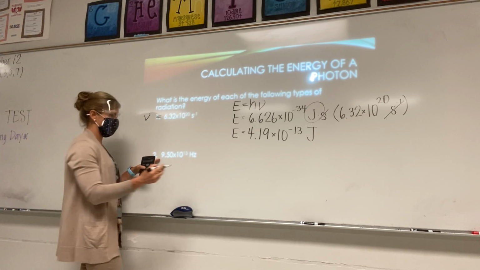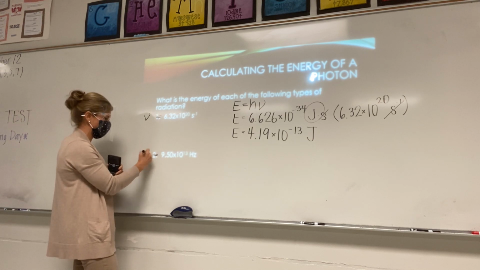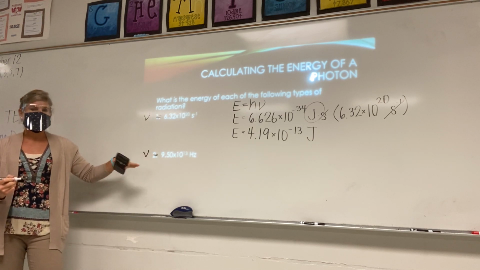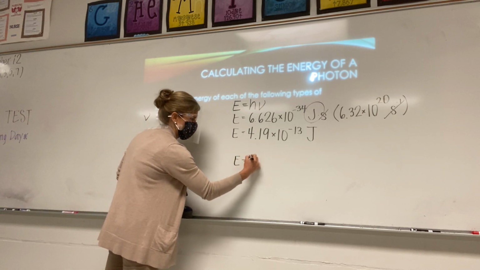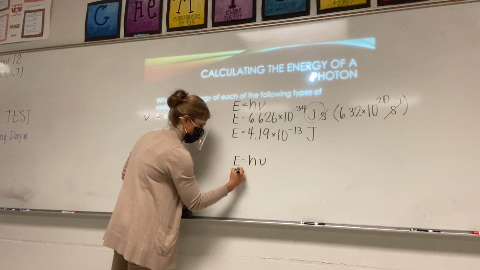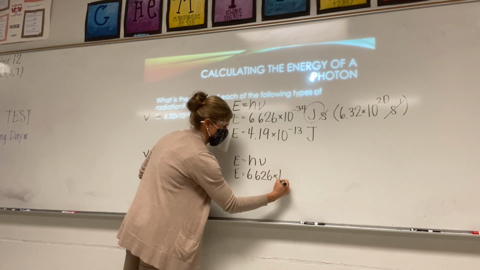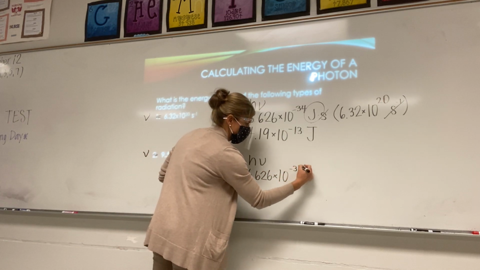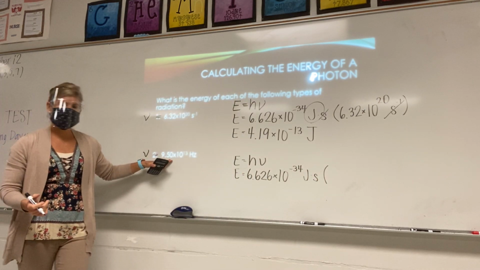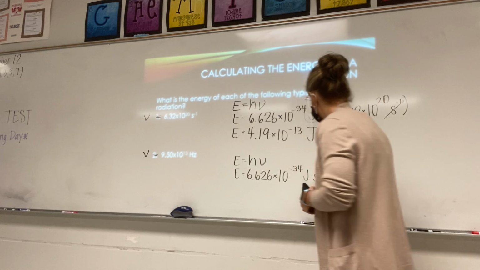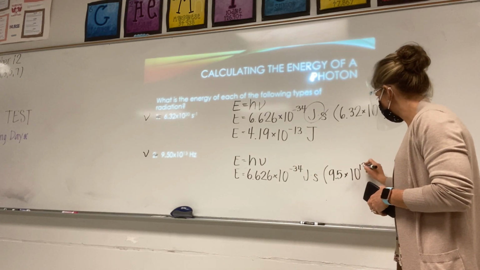Okay, so now I have another frequency. It's given in hertz. That's how I know it is frequency. I'm calculating energy again, so I just plug it into my formula. Energy equals H times frequency. I know my H, Planck's constant. I know my frequency, 9.5 times 10 to the 13th hertz.